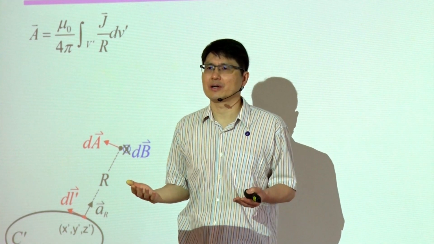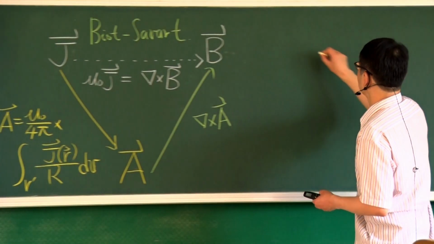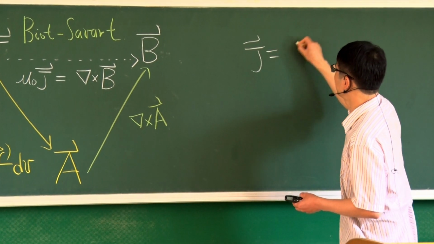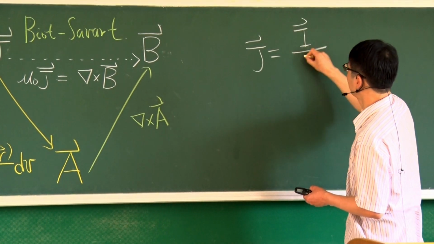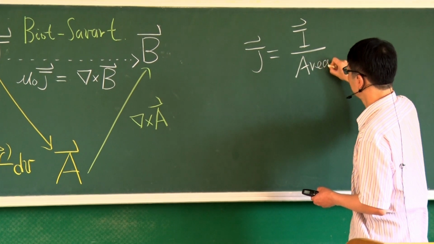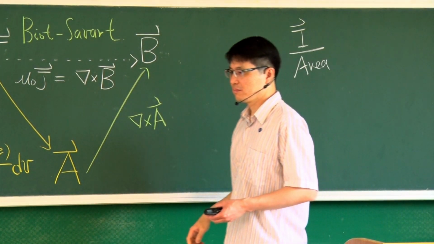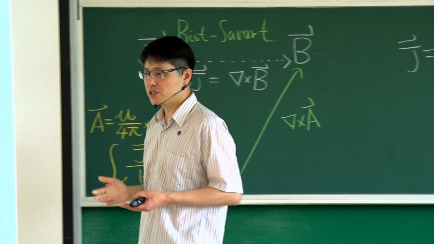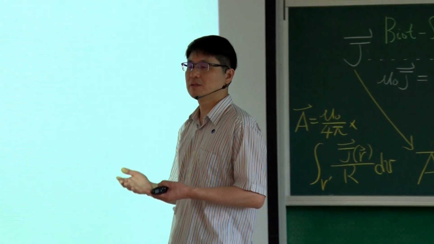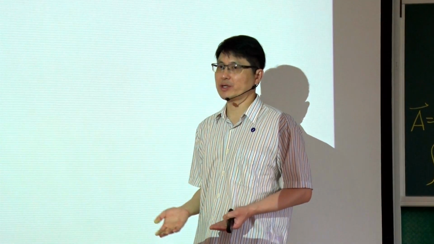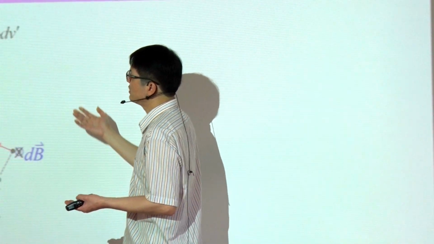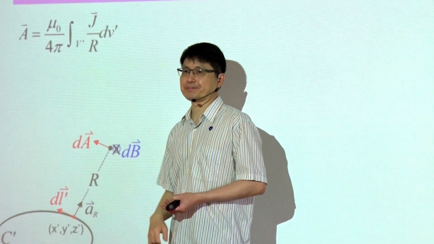It's weird, right? Ideally, J is I divided by area. So J has a unit of amps per meter squared. So what's the physical meaning to have a volume integration?